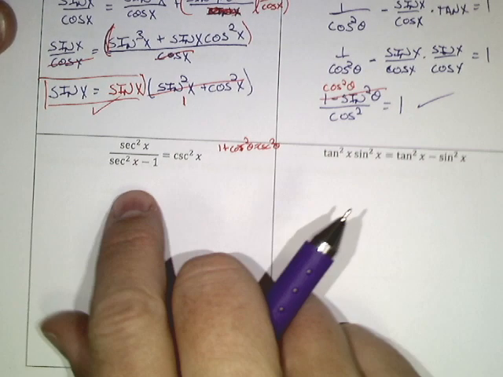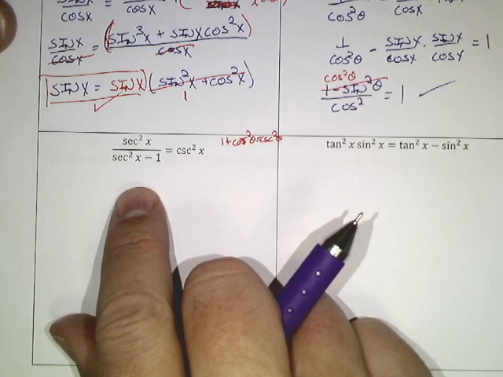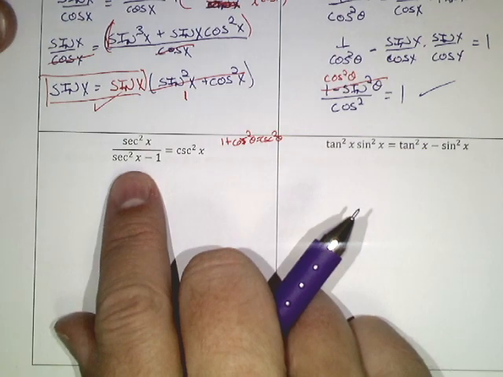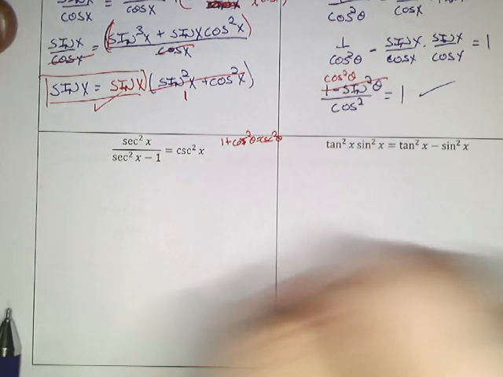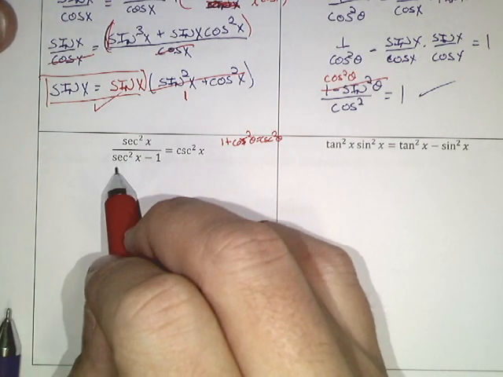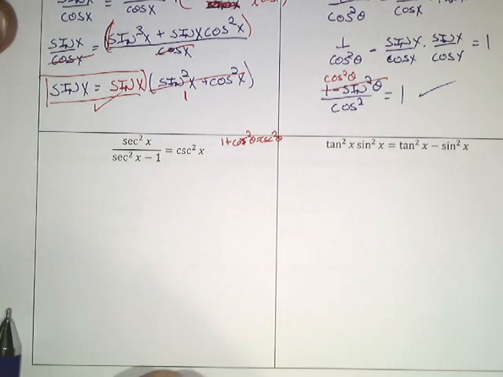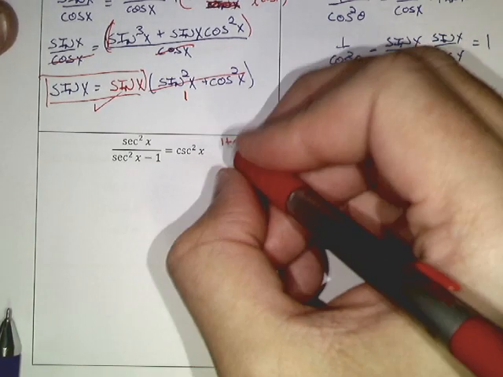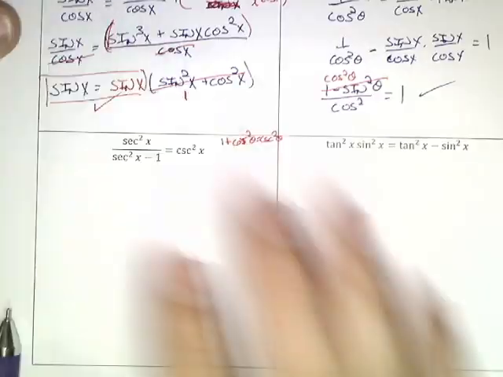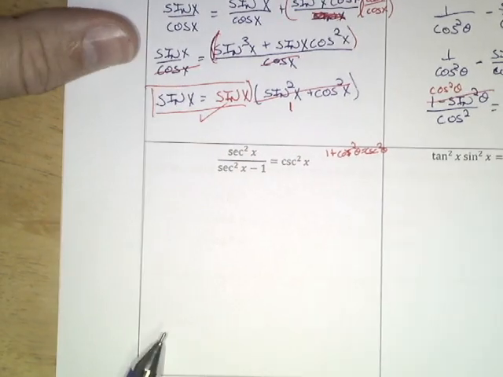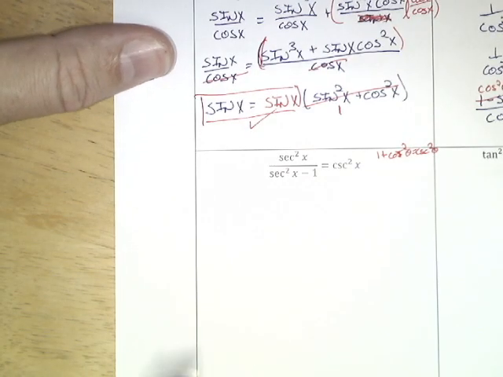But I could start with difference of squares. Or I have another Pythagorean identity with secant squared.